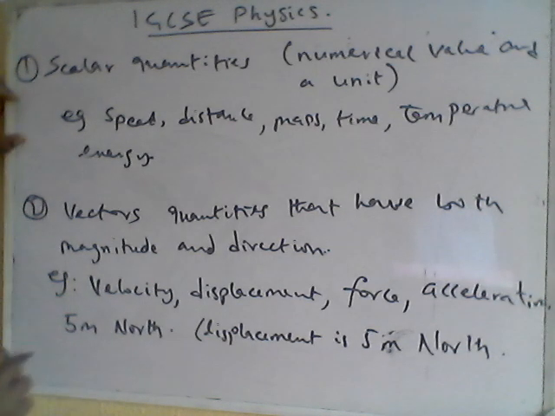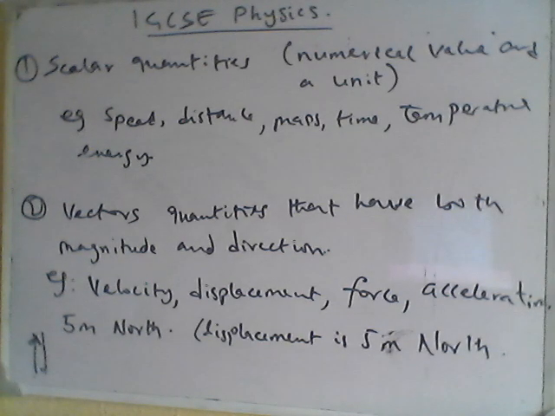If I walk 5 meters north and then 5 meters south, I go north first and then I go south. The total displacement is the resultant of that movement, going up north 5 meters and coming down. Let's say you started from point A, went up and came back to point A again, then you did not change position at all, and your displacement is 0.